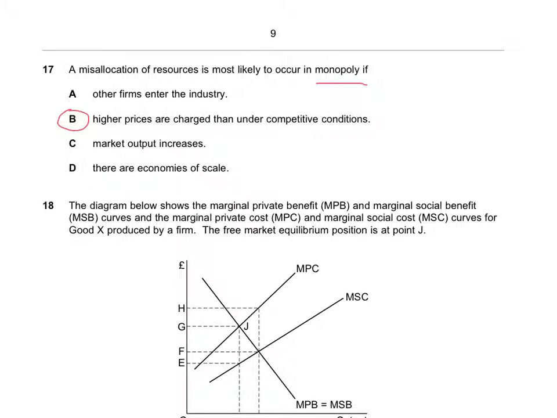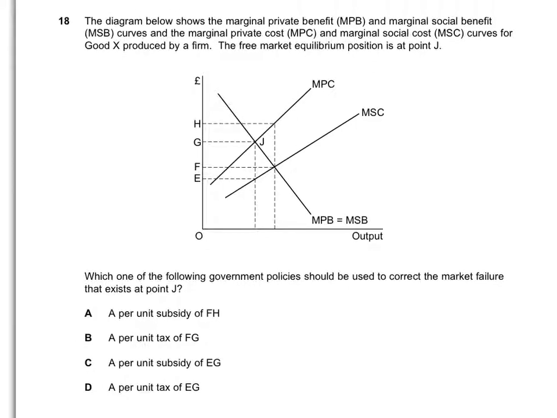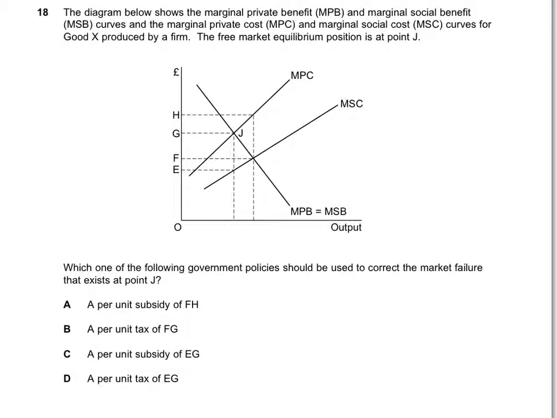So this scenario is showing us that there are positive benefits in production because we've got a shift of the cost curves.